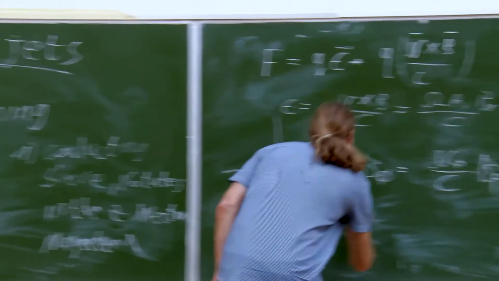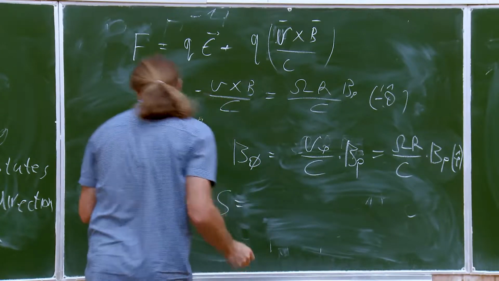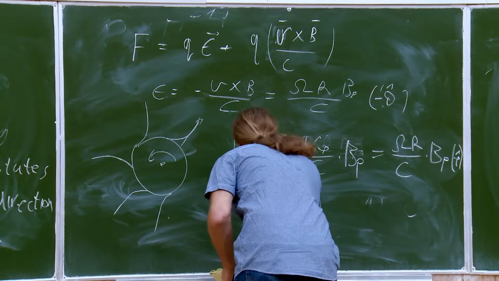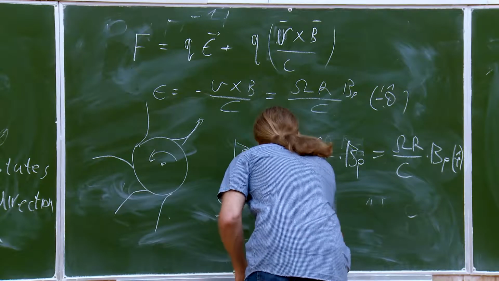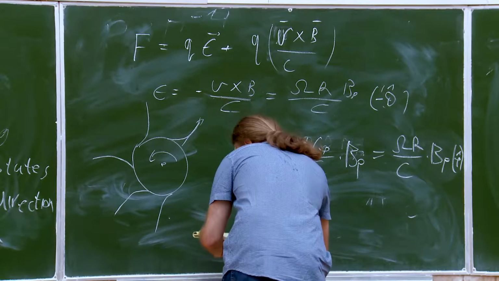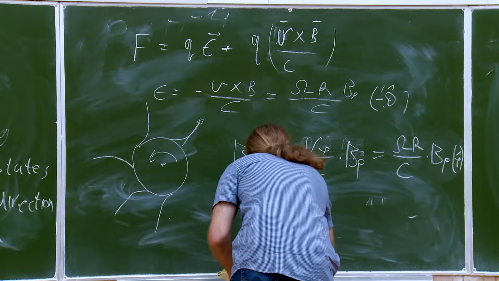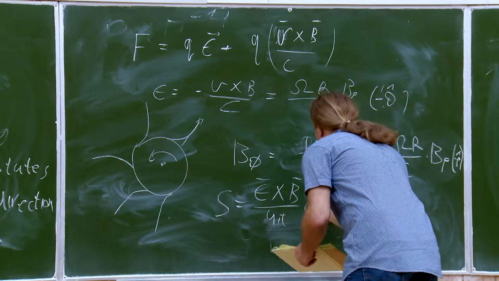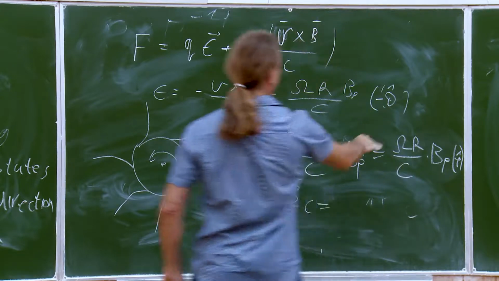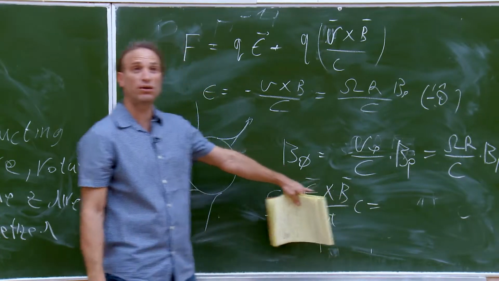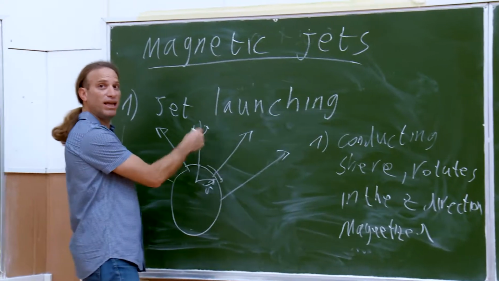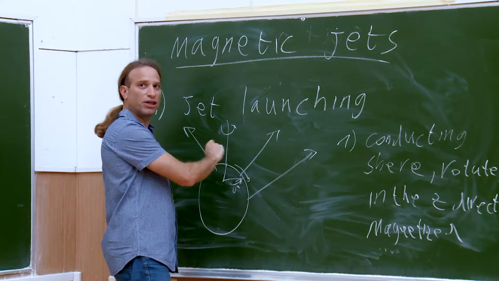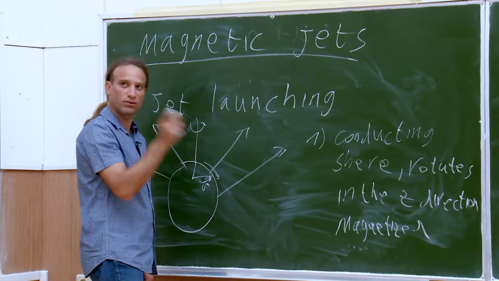So I get a Poynting flux, S, which is equal to E cross B divided by 4 pi C. And I just multiply these two because E and B are perpendicular to each other. B phi is in the phi direction. E is in the minus theta direction, which I need to correct. I did not correct that, but I will.